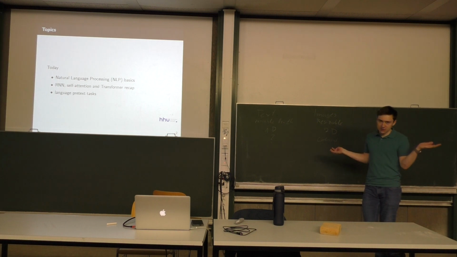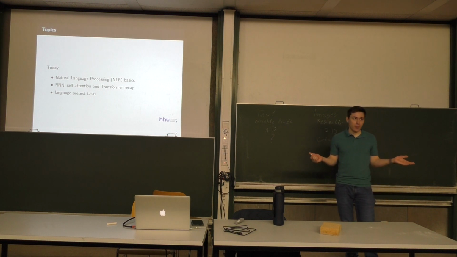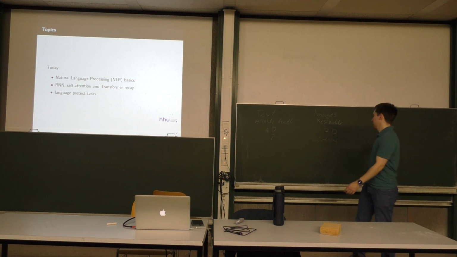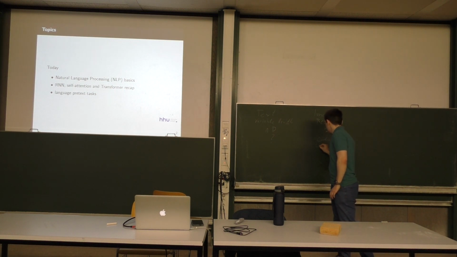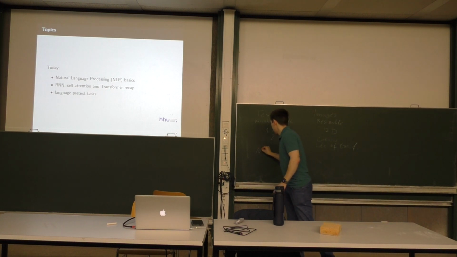So images you can scale and rotate and blur and color jitter, and you can do transformations with text. You can use other models or use handcrafted sentences that have the same meaning, but generally transformations are very hard.